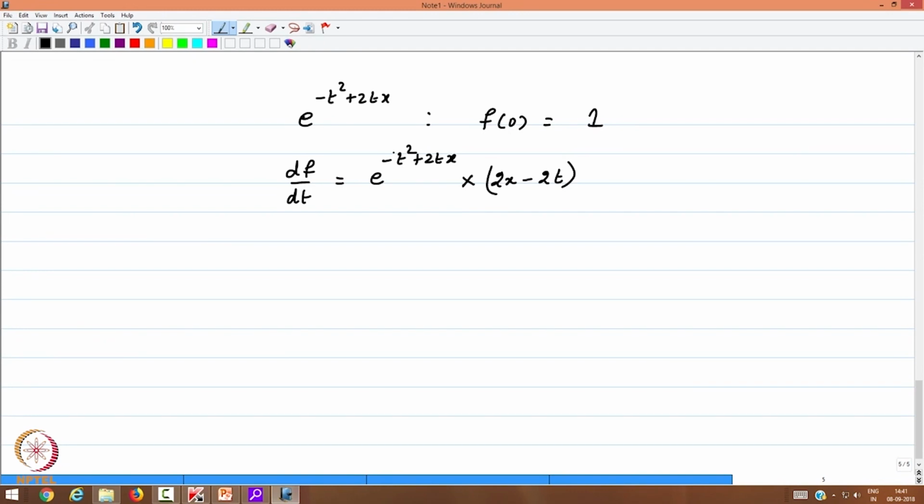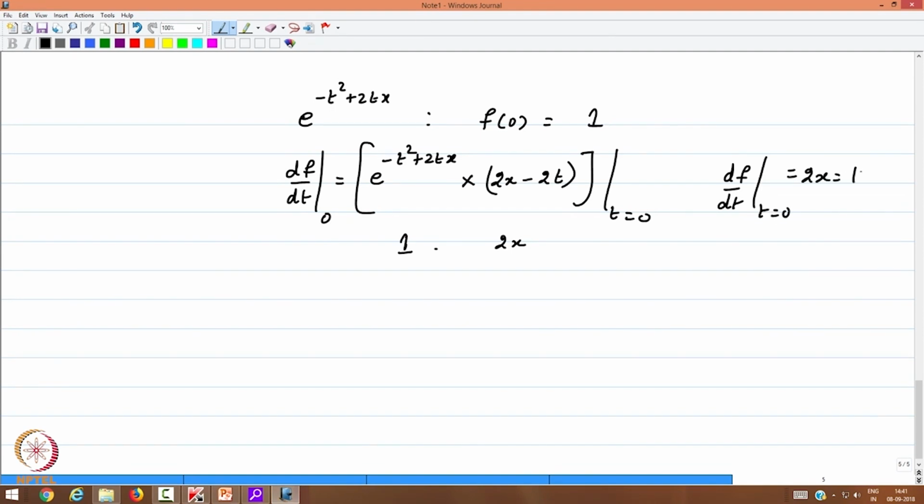If you evaluate this at t is equal to 0, the exponential becomes 1 and the factor becomes 2x. Therefore, df by dt evaluated at t is equal to 0 is 2x.